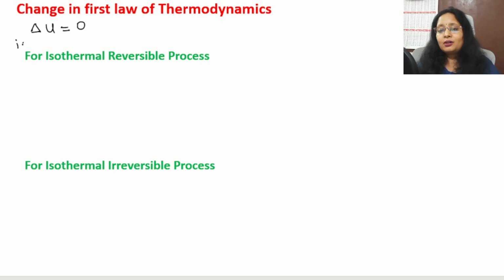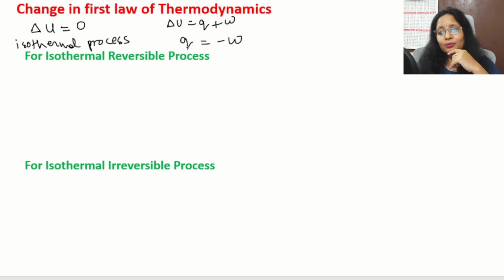So for an isothermal process, the change in internal energy will be 0. Then what about the first law of thermodynamics? The first law of thermodynamics is delta U is equal to Q plus W. When delta U is 0, in that case, the heat transfer is equal to minus W. This is the form of the first law of thermodynamics for isothermal process.